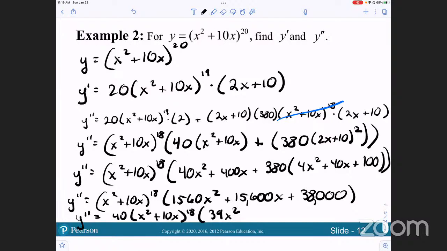I think that was 390. 38,000 divided by 40. 38,000 divided by 40 is 950. Kind of neaten this up a little bit. Give me just a moment.